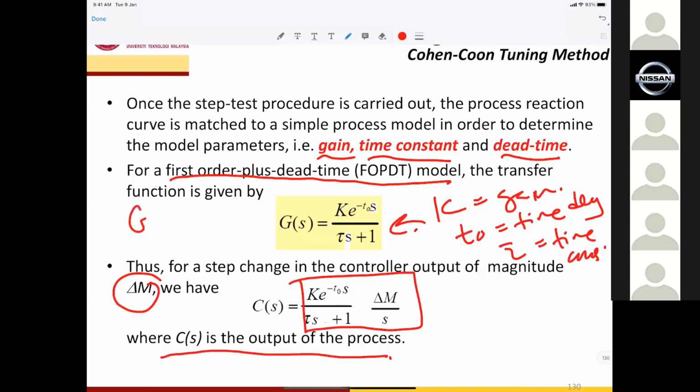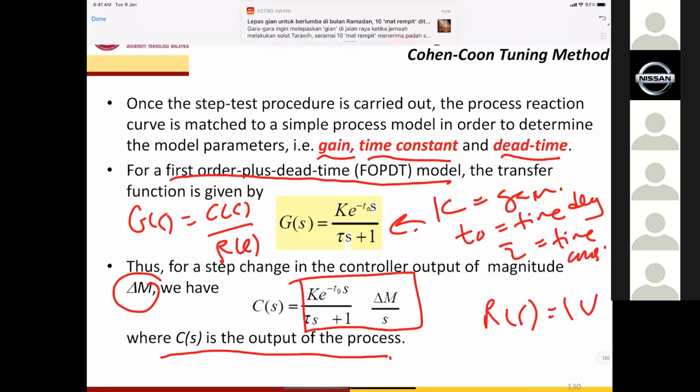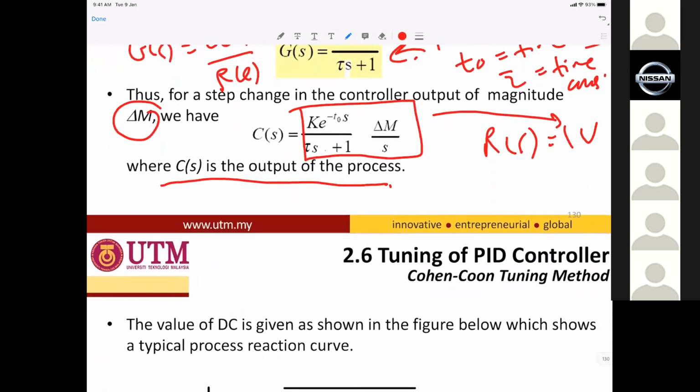So G(S) is equal to C(S) divided by R(S). We give input R(S), a step change, maybe 1 volt, maybe 10 volt, with the magnitude of delta M. Delta M can be 1 volt, 5 volt, or 10 volt. When we Laplace 5 volt, we get 5 over S; 1 volt, 1 over S; 10 volt, 10 over S. Then multiply with the process transfer function.